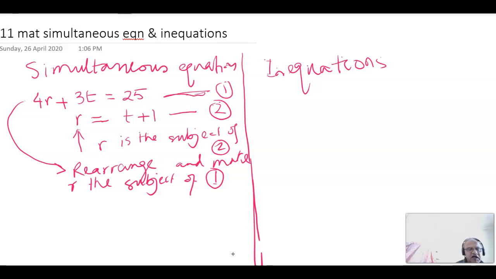Or otherwise, there are other methods too, which may not be that simple. If I have time, I'll touch on that. So 4r equals 25 minus 3t. So r will be equal to 25 minus 3t over 4.